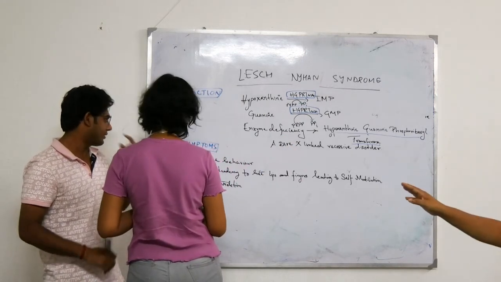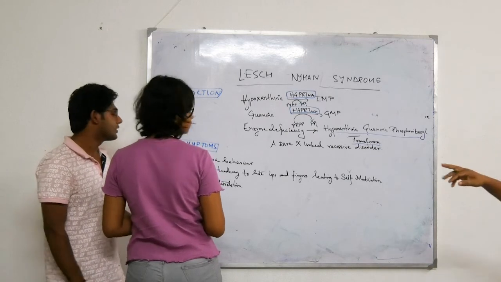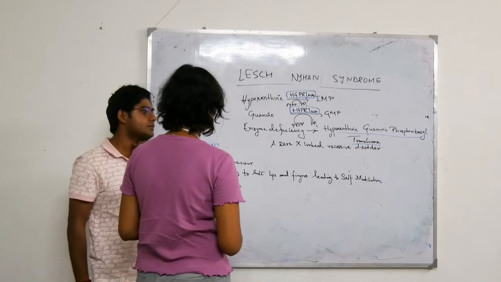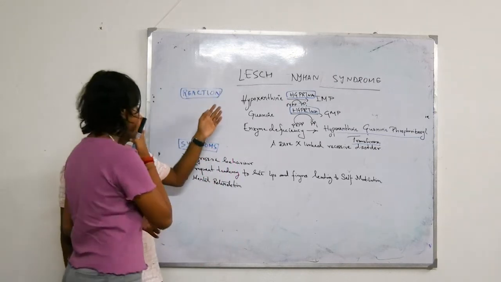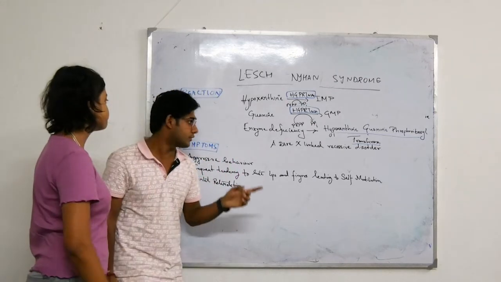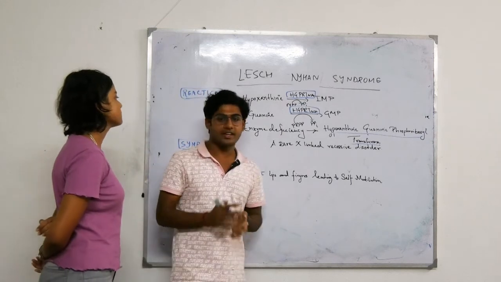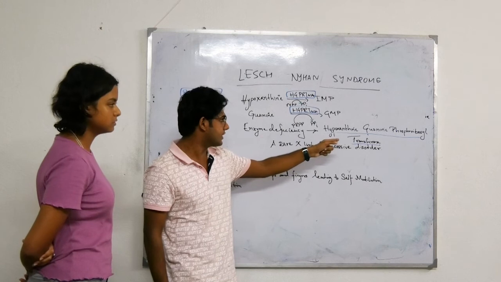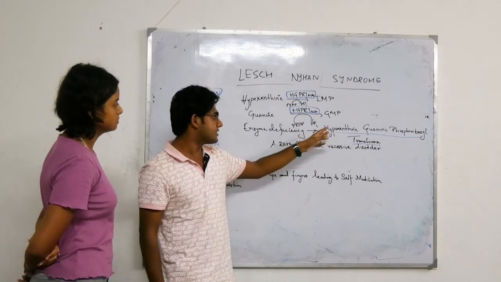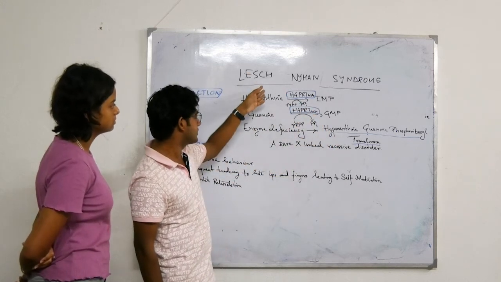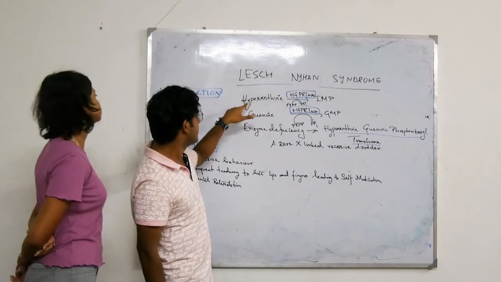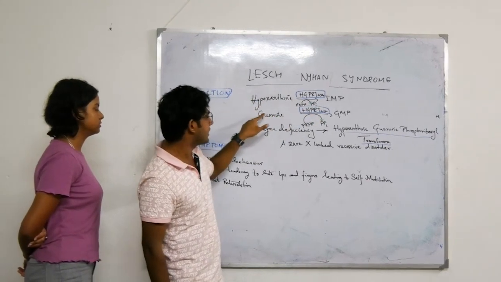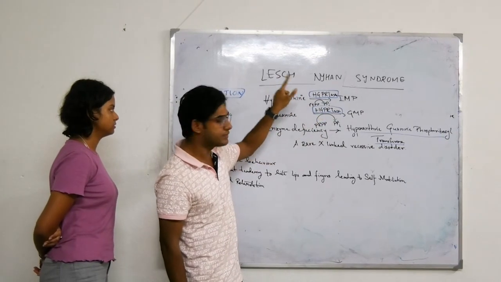Now listen. He'll explain. Now explain. This happens due to a deficiency of a certain enzyme known as hypoxanthine guanine phosphoribosyl transferase. This enzyme is used in the salvage pathway, where hypoxanthine gets converted to IMP and guanine gets converted to GMP with the help of this enzyme.